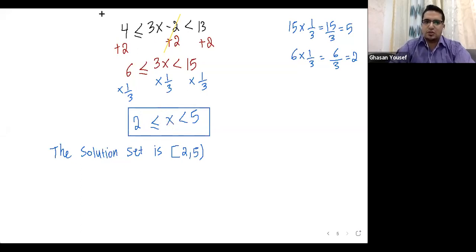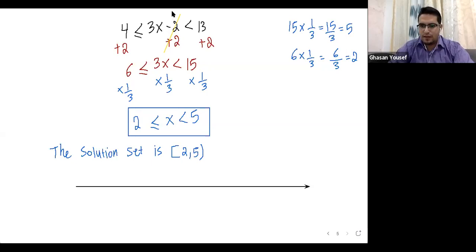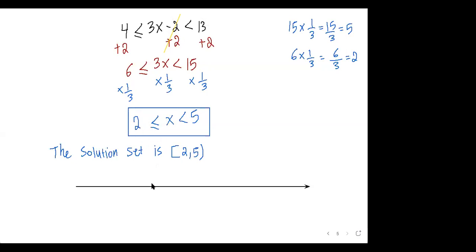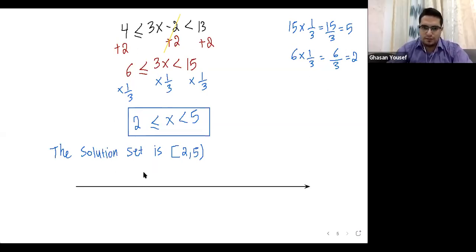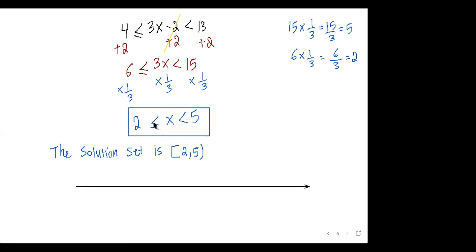So I draw a line. Here's my real line. At 2, is it closed or open? Anta? It will be closed. Exactly, it will be closed. Why is it closed? Because of the equal sign. Yes, the equal sign.